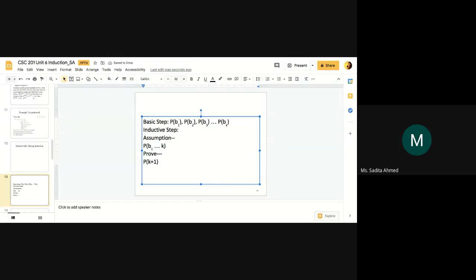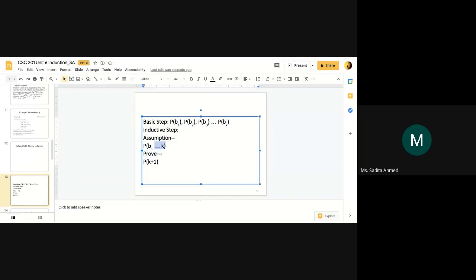Previously, in induction, we proved that the statement is true for some integer k, and based on that assumption, we proved that the statement is true for the next integer k plus 1. Here, in strong induction, what changes in the assumption is that instead of assuming it for one specific integer k, we'll assume it for a range of values, and prove the statement for the next value.